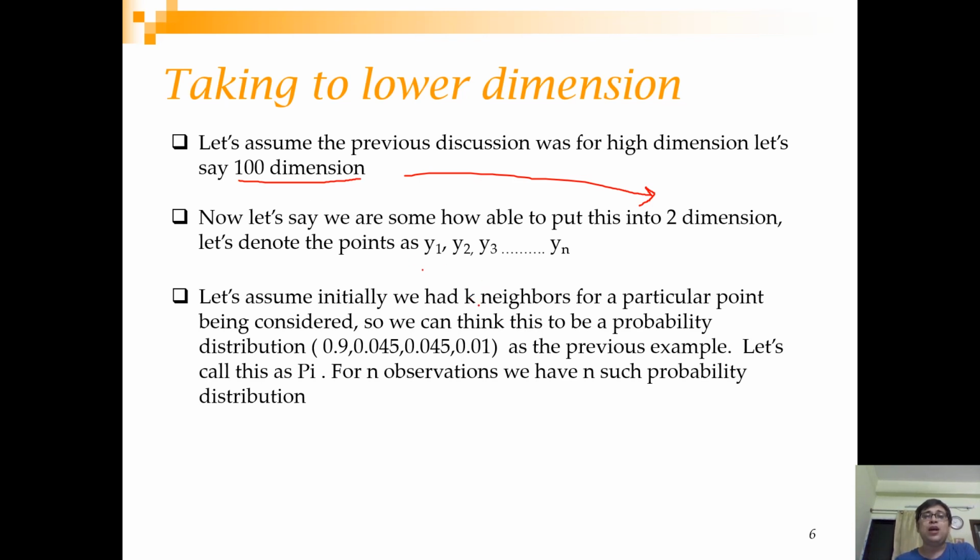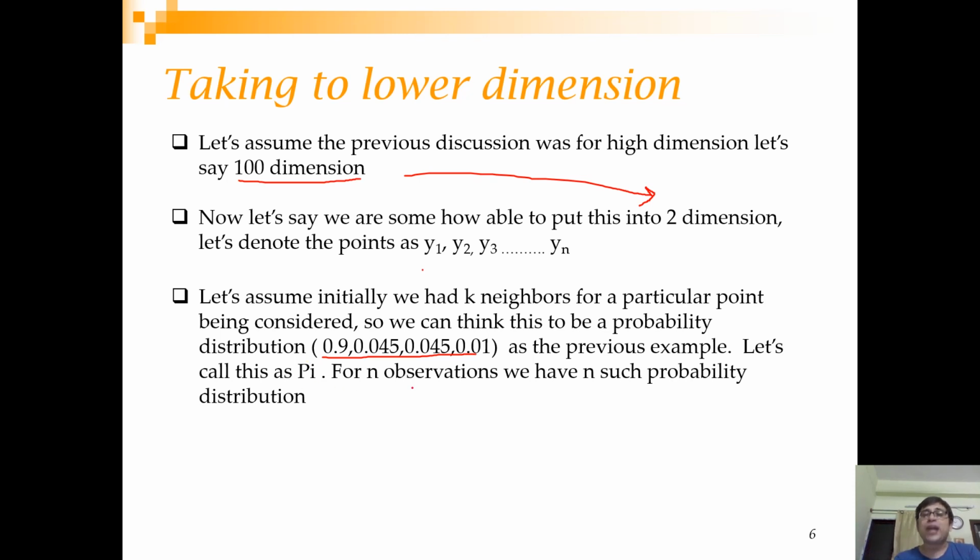Let's assume that we had k neighbors based on the Gaussian function. We can think of this as a probability distribution. So instead of a vector with 100 features, I can represent it as a probability distribution, and let's call this P.